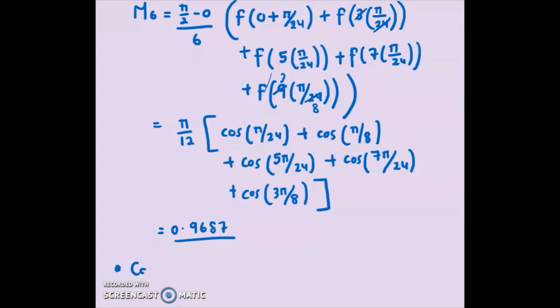Now lastly, I want to show you what you get if you use composite Simpson rule.